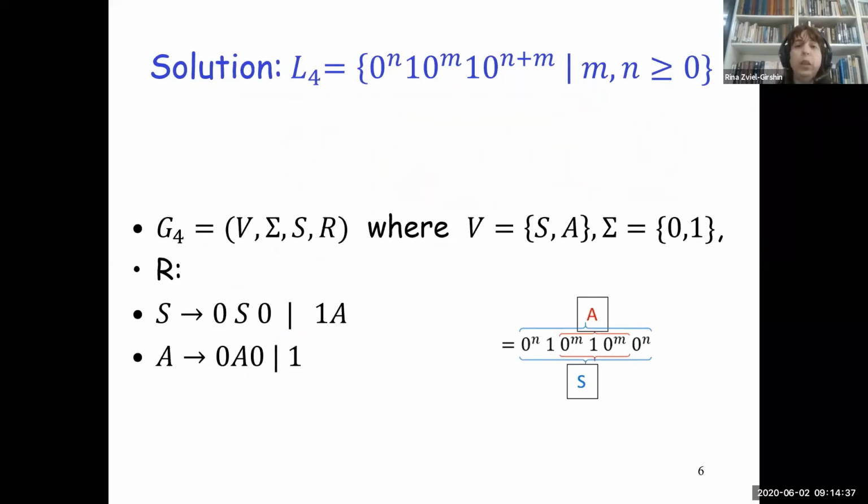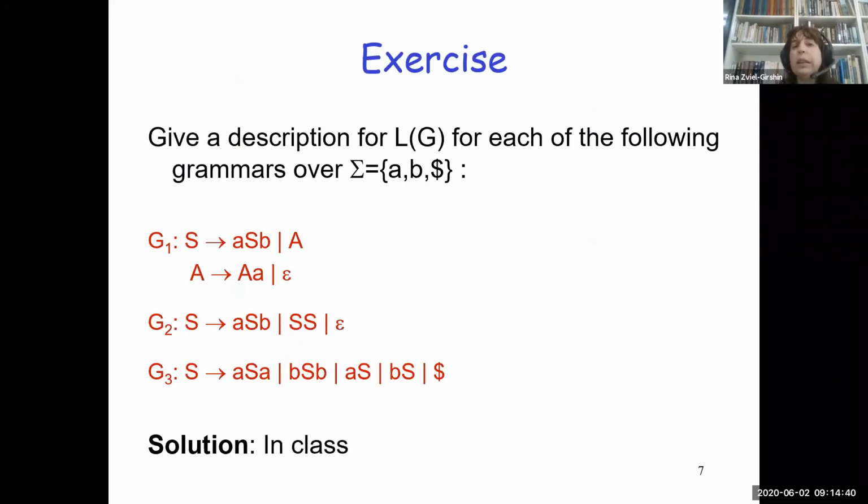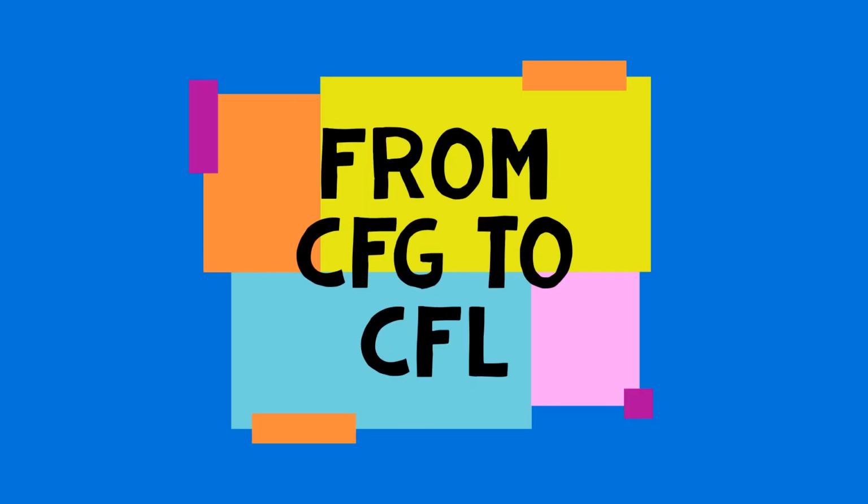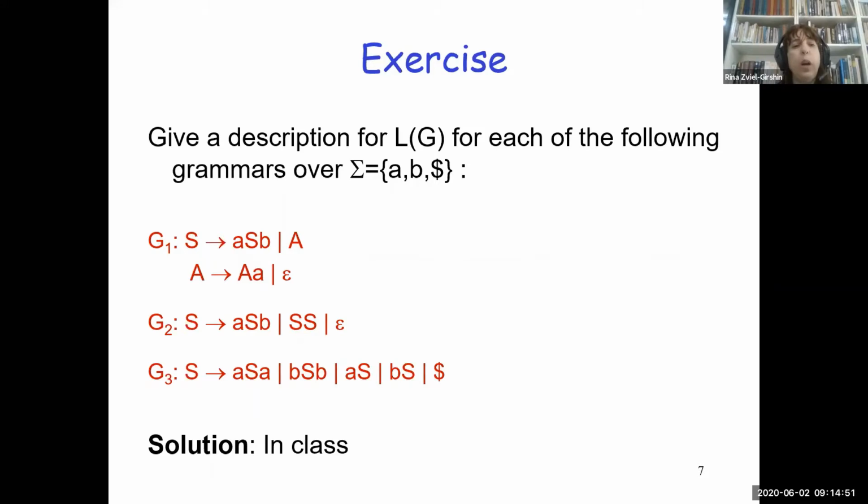Good. So now we are starting the next set of questions. And here the idea is different. You are given a grammar, a context-free grammar, and you are asked to define the language of the grammar. In several cases, it is relatively difficult to define. So we will start with the first grammar, and then we will move to the second grammar and to the third.